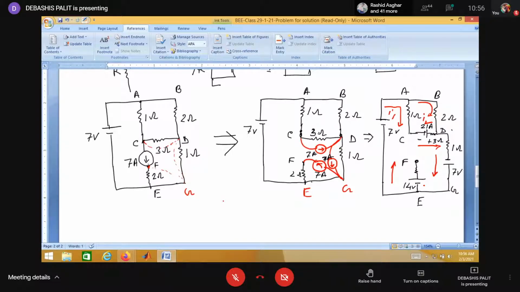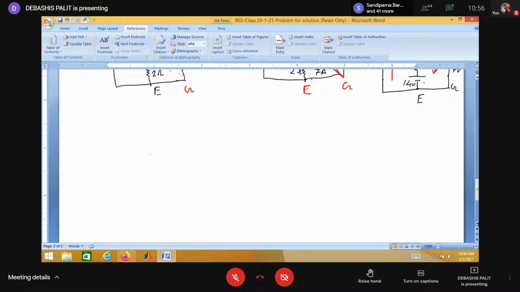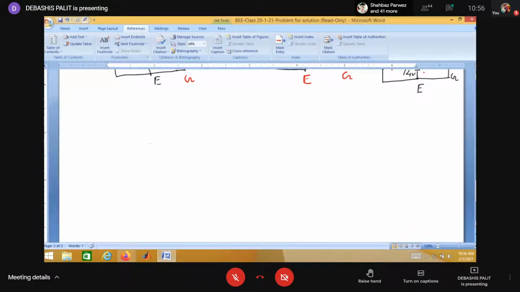So as per your convenience, you have to choose the solution technique. So this is one way you considered. This is the way for considering a current source having no internal resistance at all. Sometimes another problem. Do you have any query regarding this?